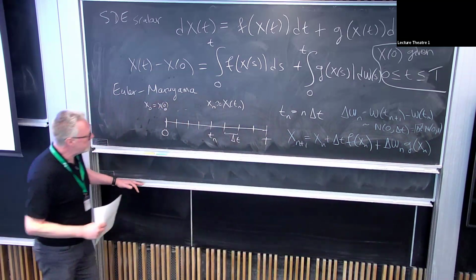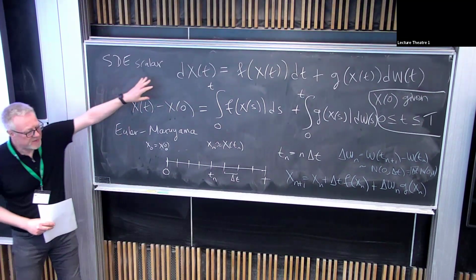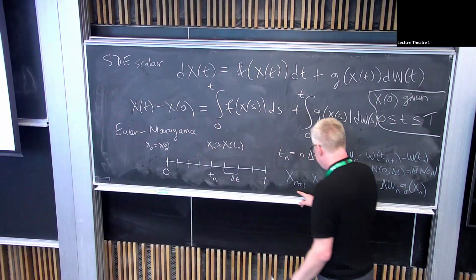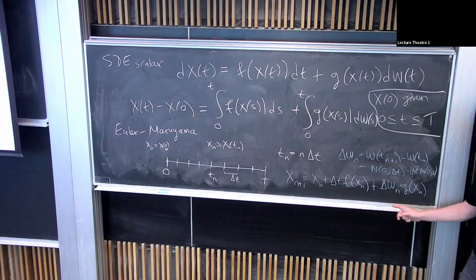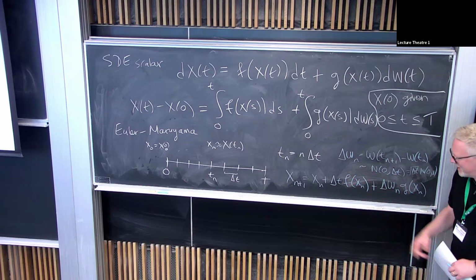Another thing that students sometimes ask about is, these are stochastic processes and these are random variables. So this is an iteration involving random variables. When we do a path simulation, we're computing a sample. So we literally have numbers on the computer that give us a trajectory.